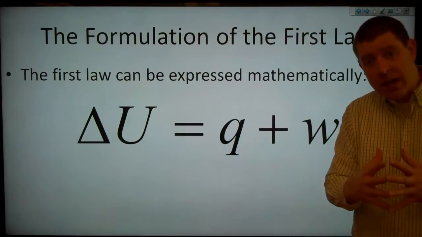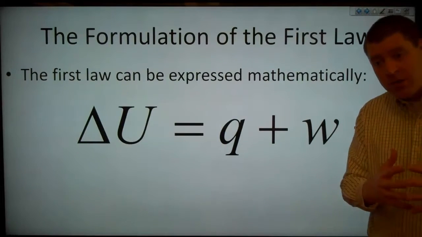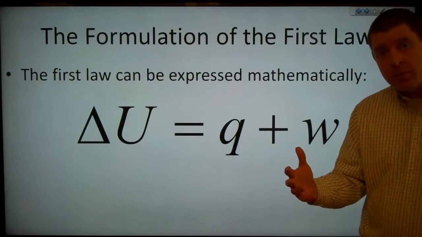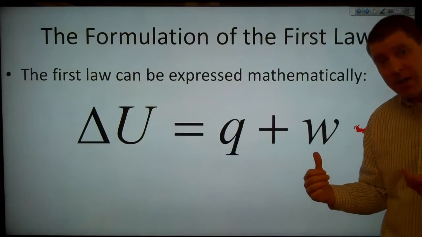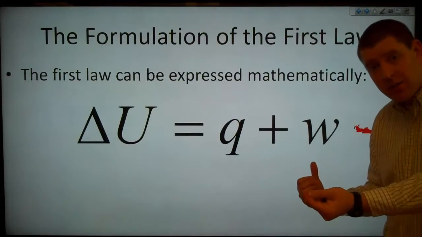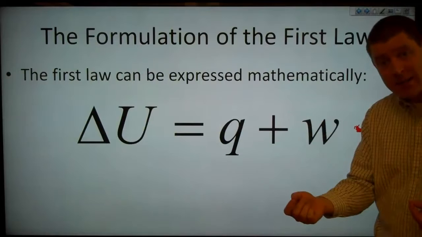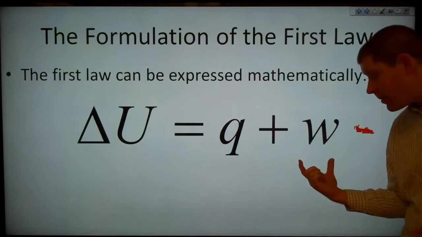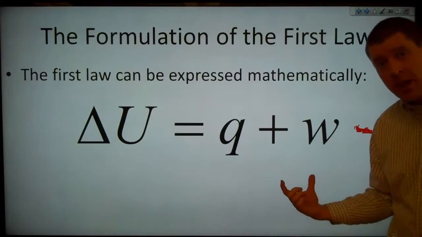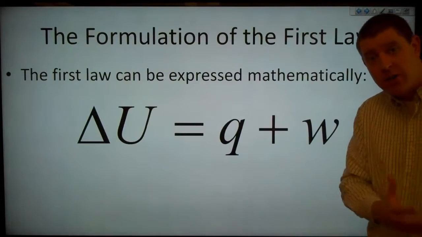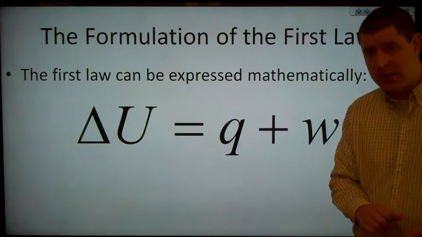On the other hand, if the system expands against the surroundings, then the system is doing work on the surroundings, and W is negative. So heat and work values are positive if energy is flowing into the system and negative if energy is flowing out of the system.